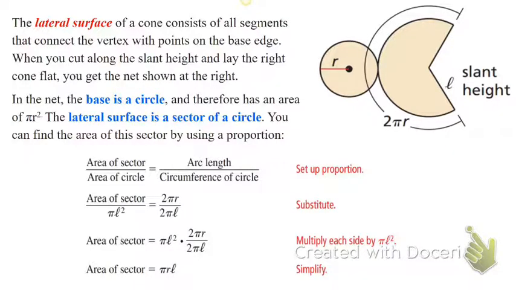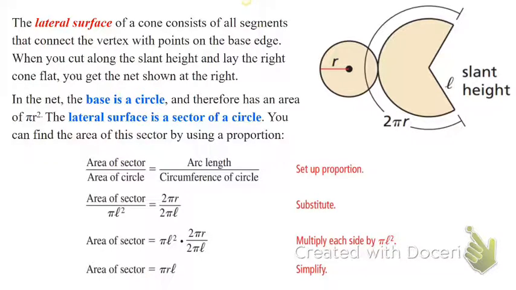The area of the sector over the area of the circle is going to be equal to the arc length over the circumference of the circle. Usually we're dealing with degrees, but here we don't know the degrees. We instead know the arc length. But the arc length is going to be the same fraction of the circumference as an angle would be of 360. So we can use that instead.